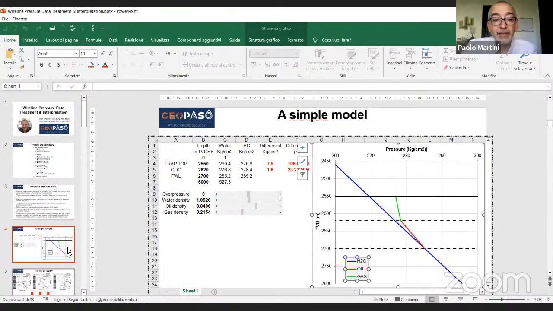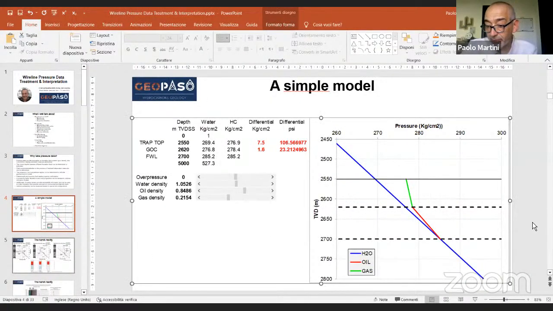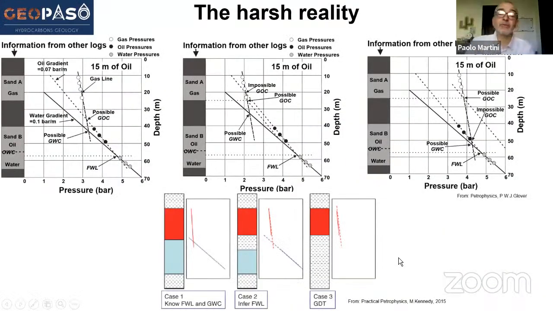Unfortunately, the reality is much different. Let me go back to presentation mode. Okay, the reality is much different. So often you will find shale barriers between sands that mask the real position of the contact, and you have to infer contacts.